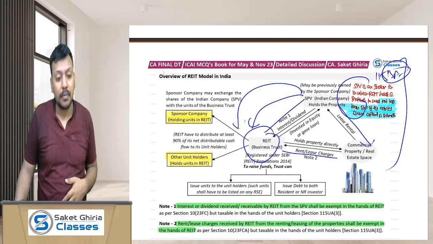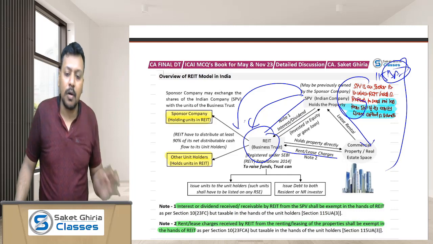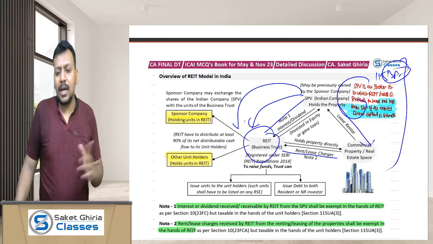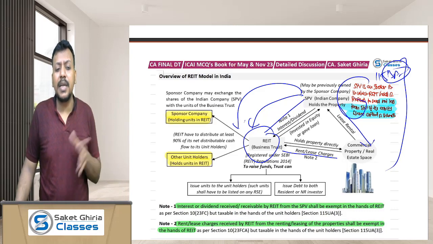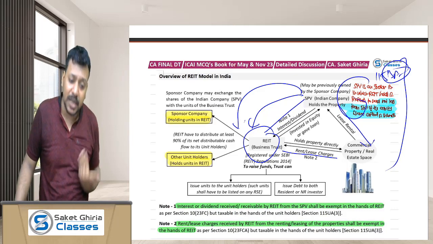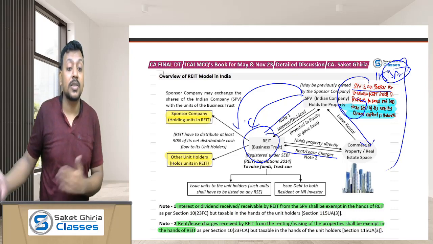But that dividend would be exempt in the hands of REIT irrespective of whether the SPV has opted for 115BAA or not. But sir, can't the SPV opt for 115BAB? No sir, 115BAB is only for a domestic manufacturing company, and the SPV is not a manufacturing company. It is basically holding the real estate properties.